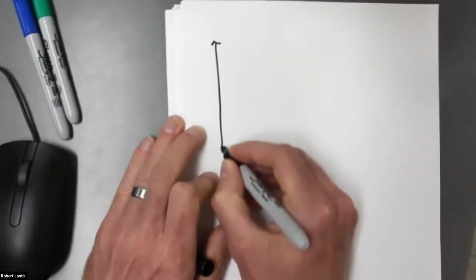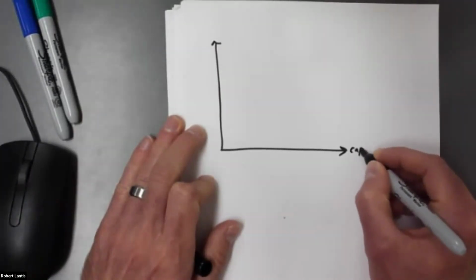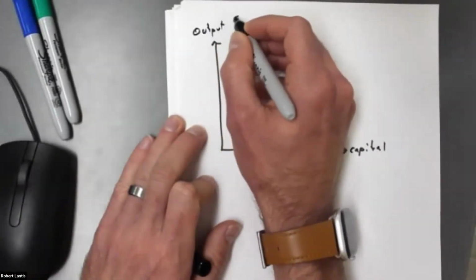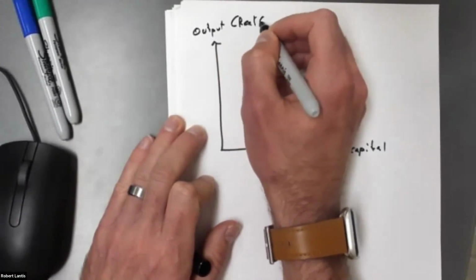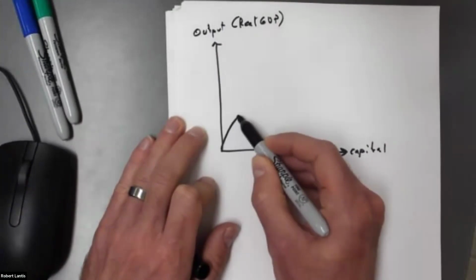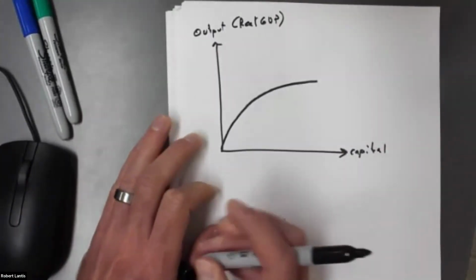So if I'm thinking about, here are my investments into capital, here's the level of real GDP that I'm getting from those investments, it might look something like this.